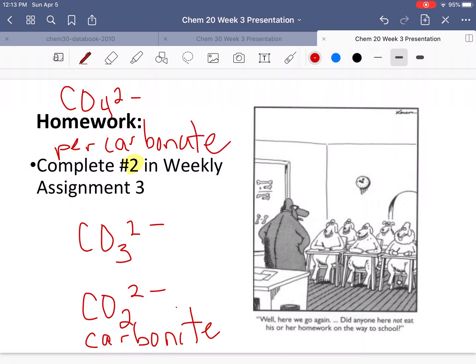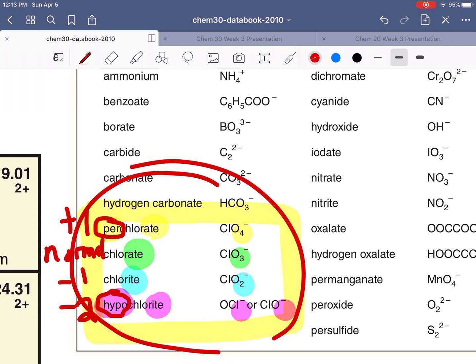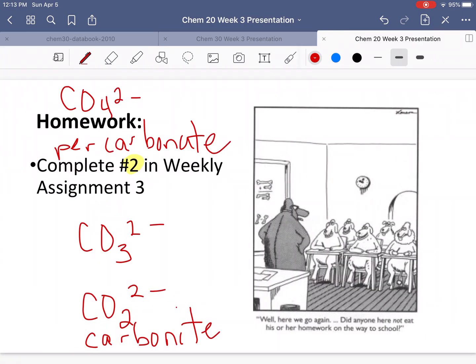Help yourself by looking at what that chlorine one does, where you have perchlorate, chlorate, chlorite, and hypochlorite. There's the pattern that's right on your data sheet that can help you to interpret the other ones. All right, guys, good luck with this. As always, let me know if you have any questions.